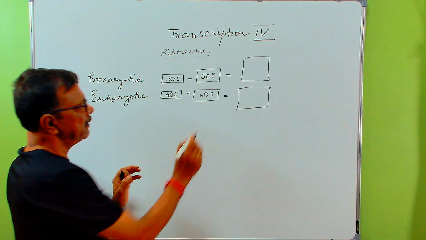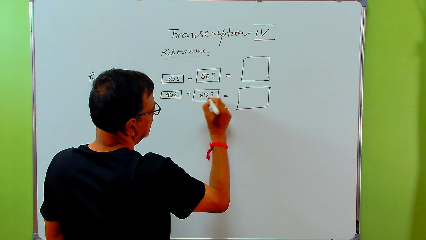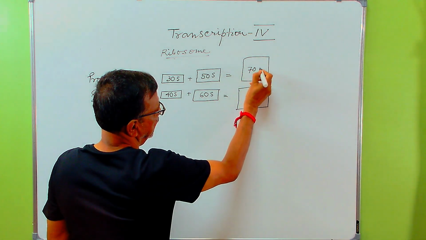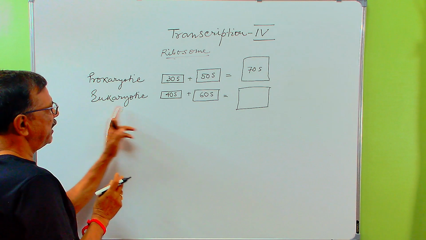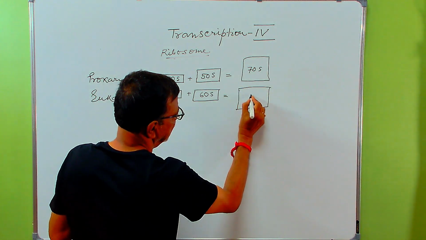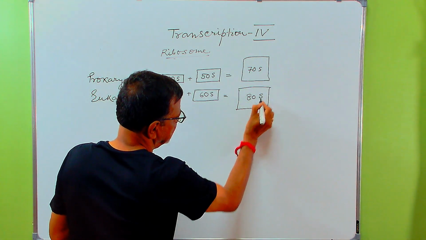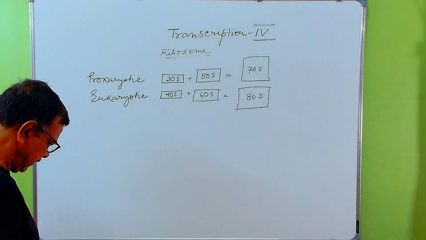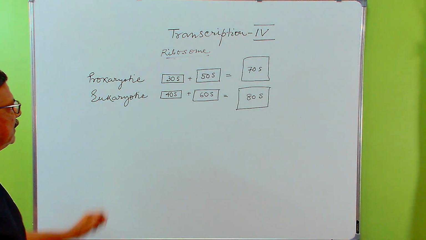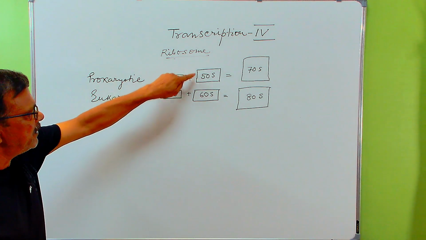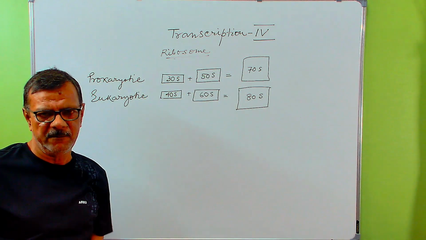In prokaryote, jointly it is 70S. In eukaryote, it is 80S. Here, 30, 40, 50, 60, 70, 80.